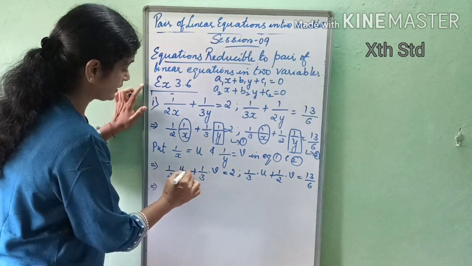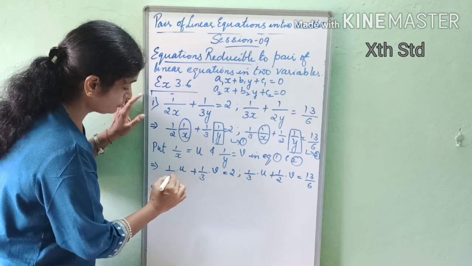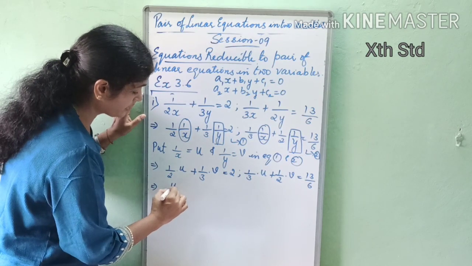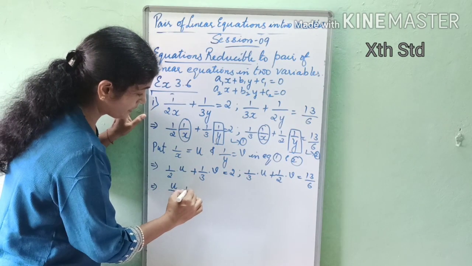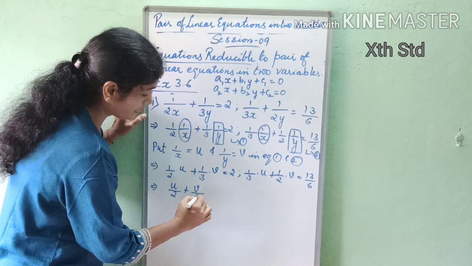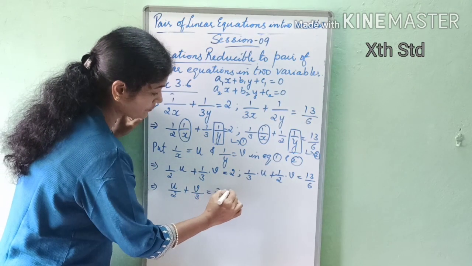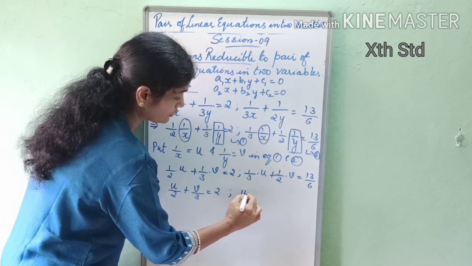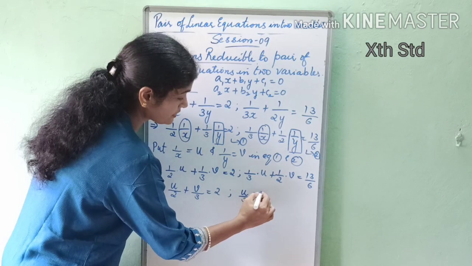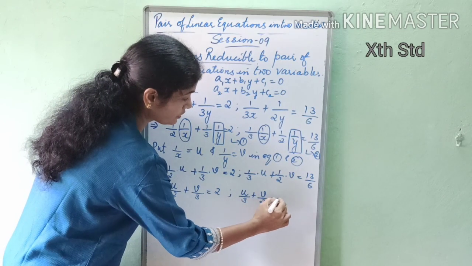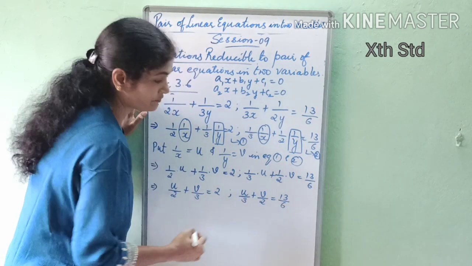Now 1 by 2 into u is nothing but u by 2, plus v by 3 equal to 2, and here u by 3 plus v by 2 is equal to 13 by 6. Fine.